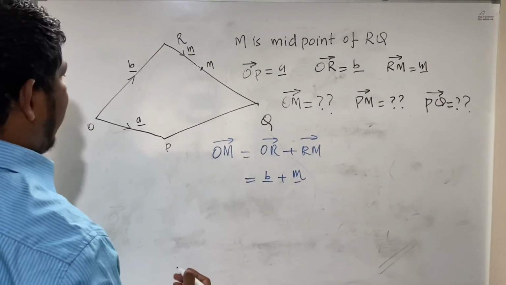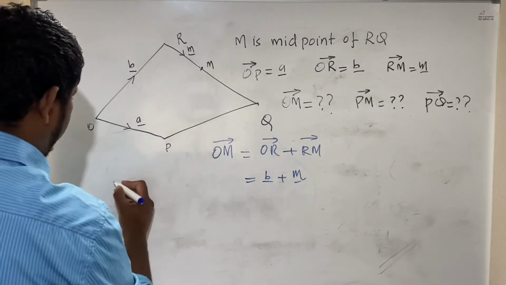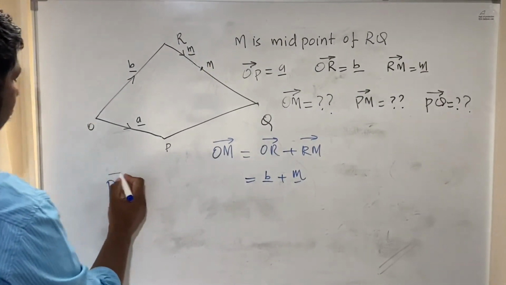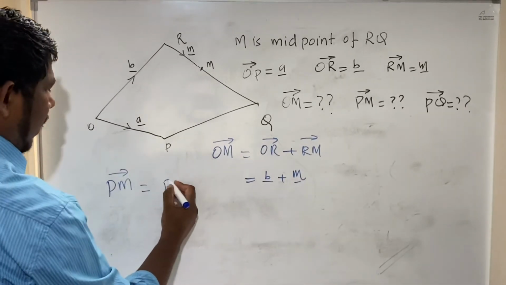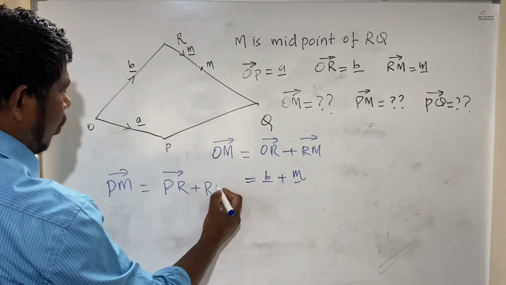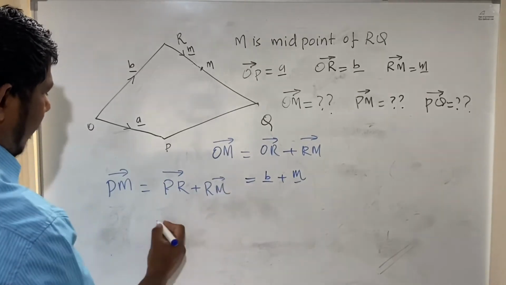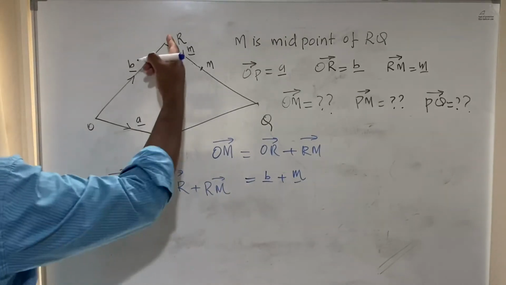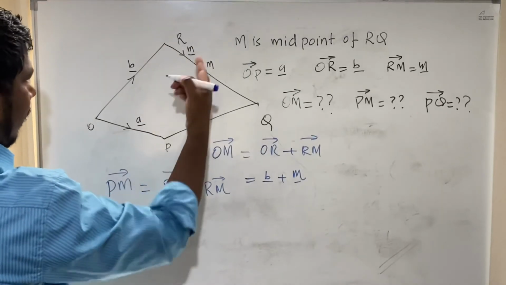The next one we need to find what is the PM. So vector PM is equal vector P to R plus R to M.